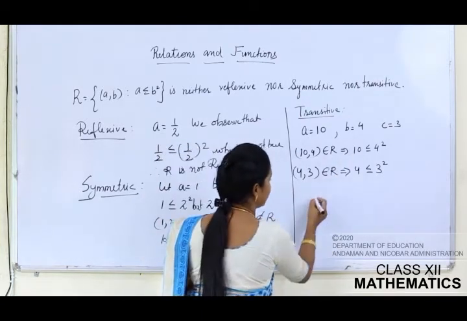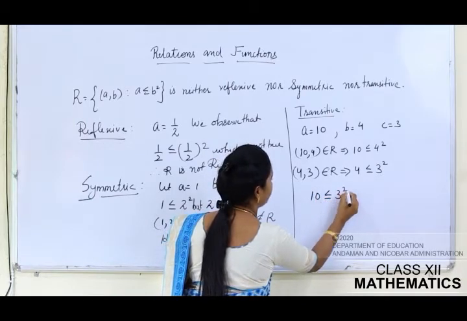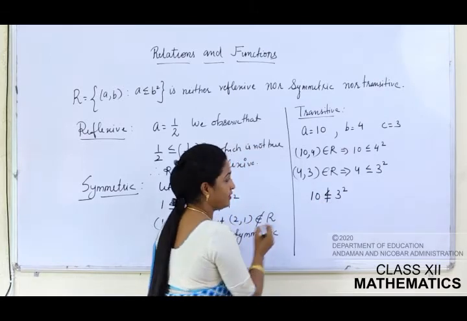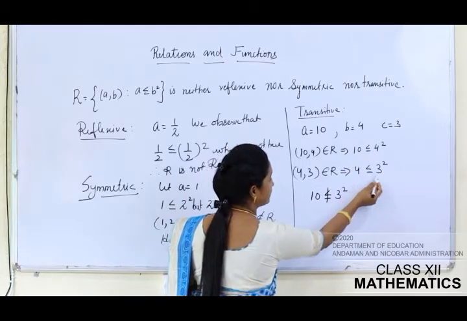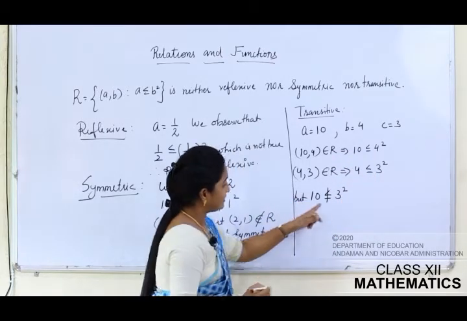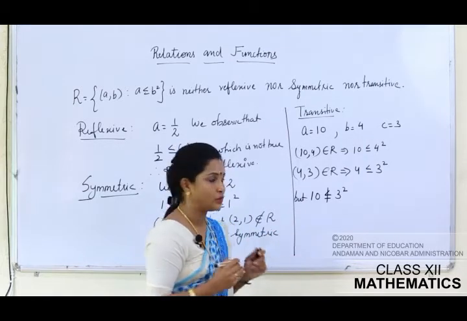From here, you can see that 10, you are getting the relation 10 is less than equal to 3 square, which is not true. So, it is not true here. From these two equations, you can see that 10 is less than equal to 4 square, 4 is less than equal to 3 square, but 10 is not less than equal to 3 square. 10 कभी 9 से छोटा नहीं हो सकता.